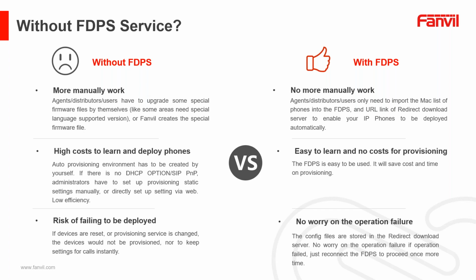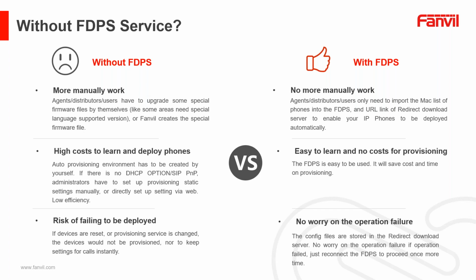And also with IP phone provisioning, without FDPS, you must choose one method, either DHCP option, which will need the DHCP server to configure and support, or PnP like 3CX or some other PBX which supports the PnP method to make the phone auto-discovered and then automatically deployed.